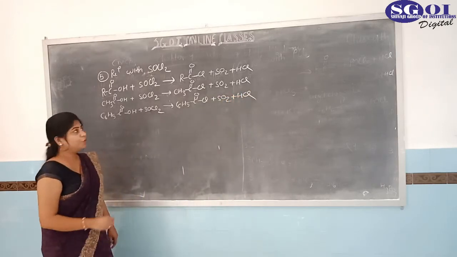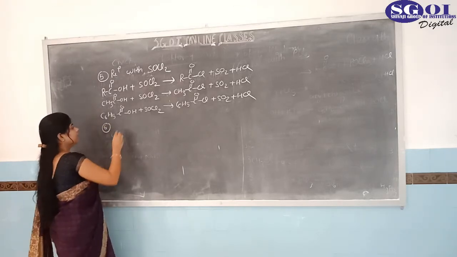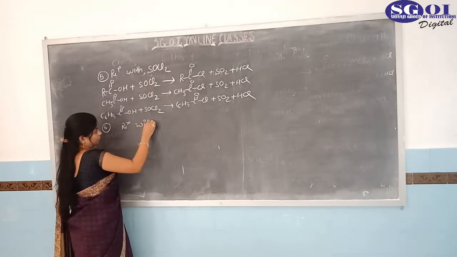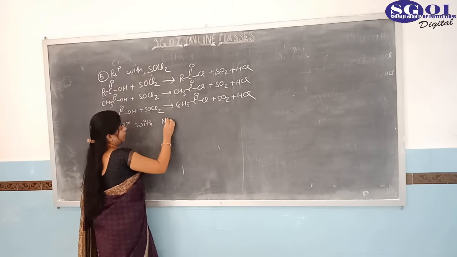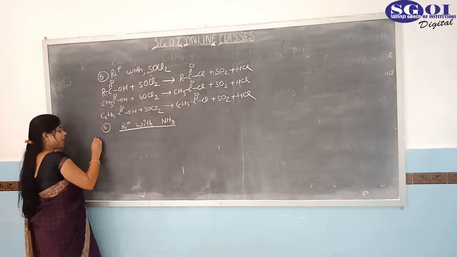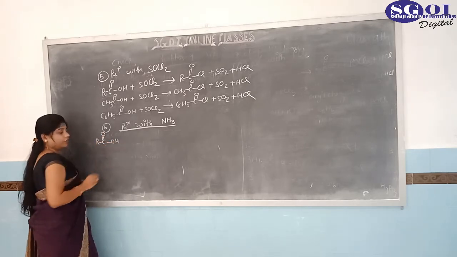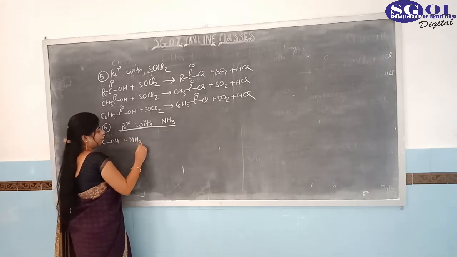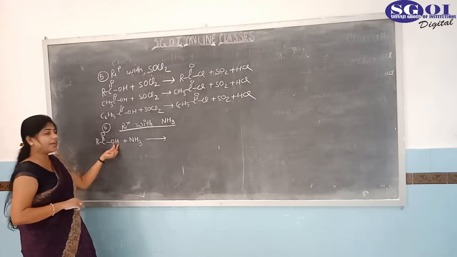Okay. Now move to next chemical property, that is number 6, reaction with ammonia. Now when RCOOH reacts with ammonia, it gives one additional unstable compound. What you have to do is add NH3 here.